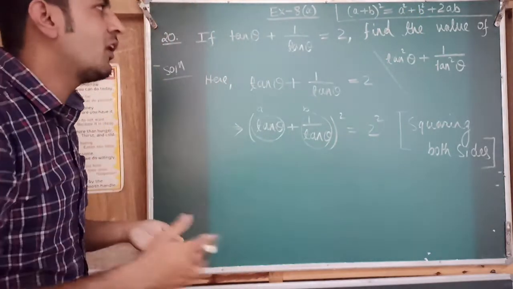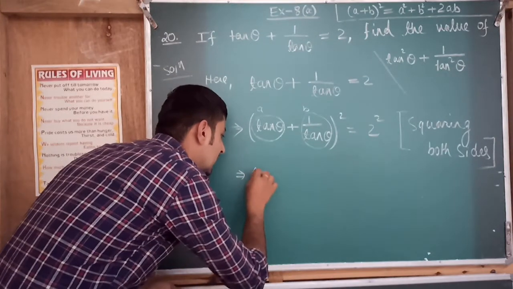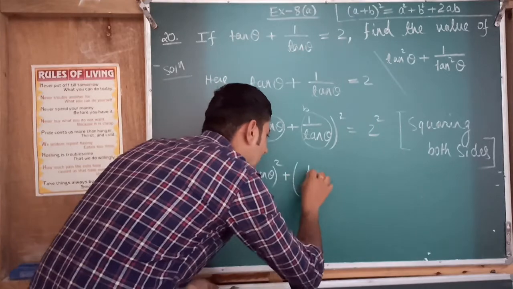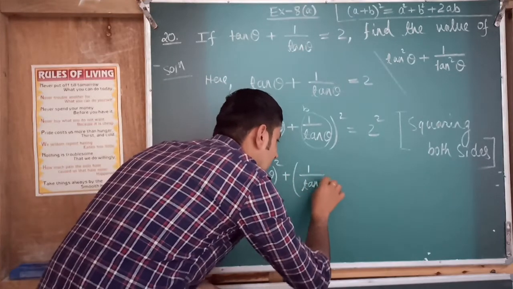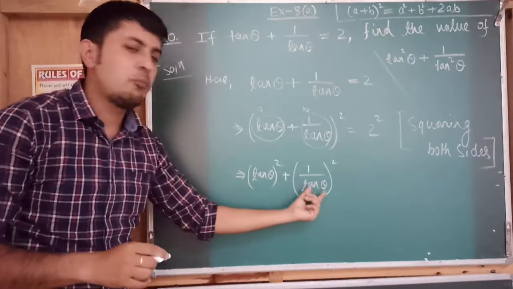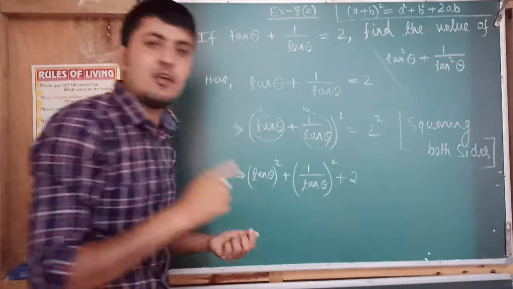So what is going to happen next? It will become tan theta whole thing square plus 1 by tan theta whole thing square, that means a square plus b square, plus twice ab.